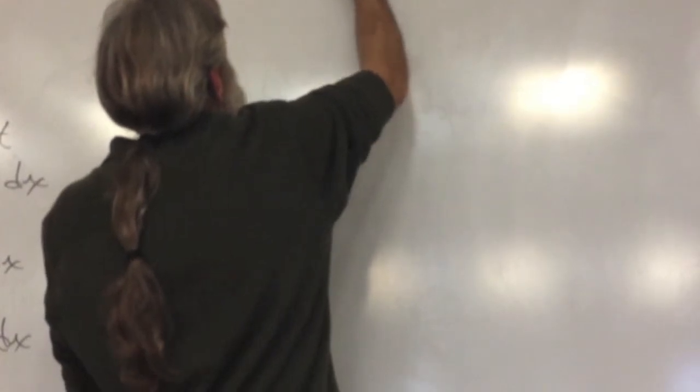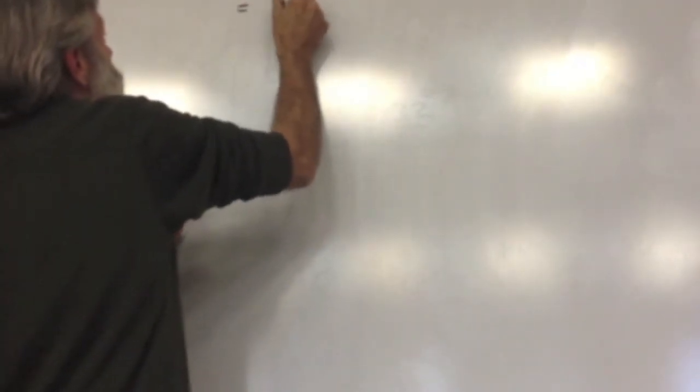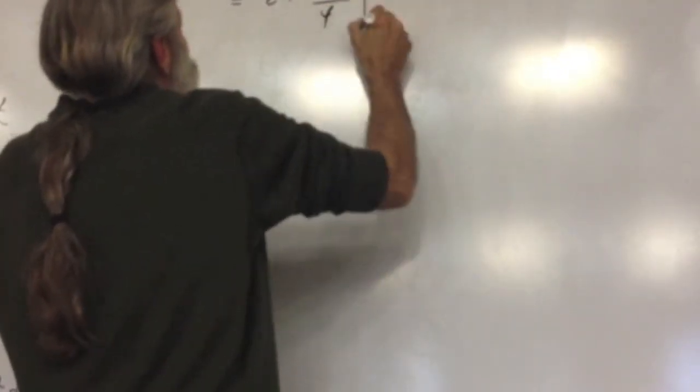Let's see what that is for the volume. Try to do the same as what was said: we have 2 pi times the integral from 0 to 2 of x cubed dx. So we have 2 pi x to the 4th over 4 from 0 to 2.